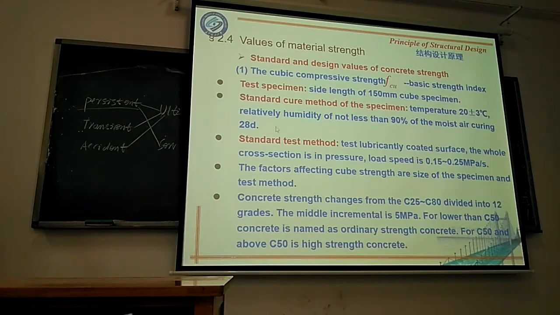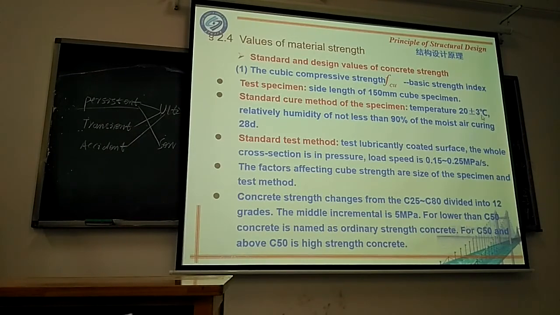All these conditions, maybe you still remember. The test specimen is a standard 150 millimeter cube, with standard curing: temperature 20 plus or minus 3 degrees, relative humidity not less than 90%, moist air, 28 days.